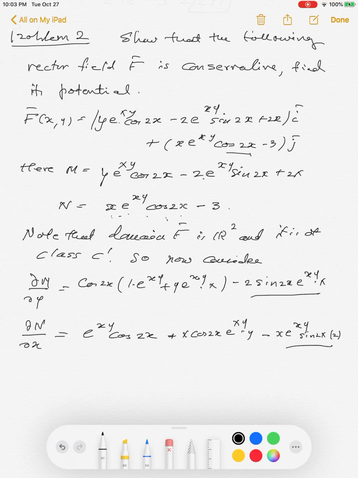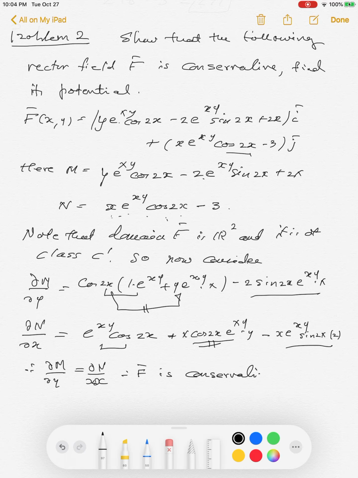So now let's check whether these two things are equal. This product is exactly this product, and this term is exactly this term. So therefore dm dy equals dn dx, and therefore f bar is conservative.